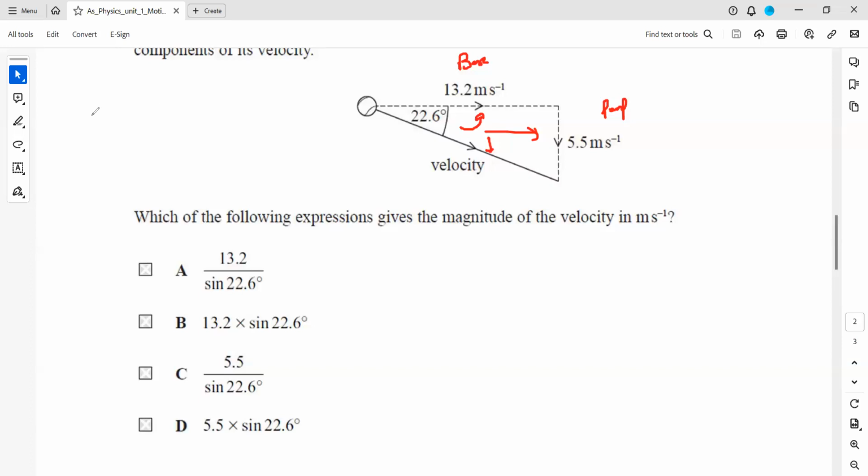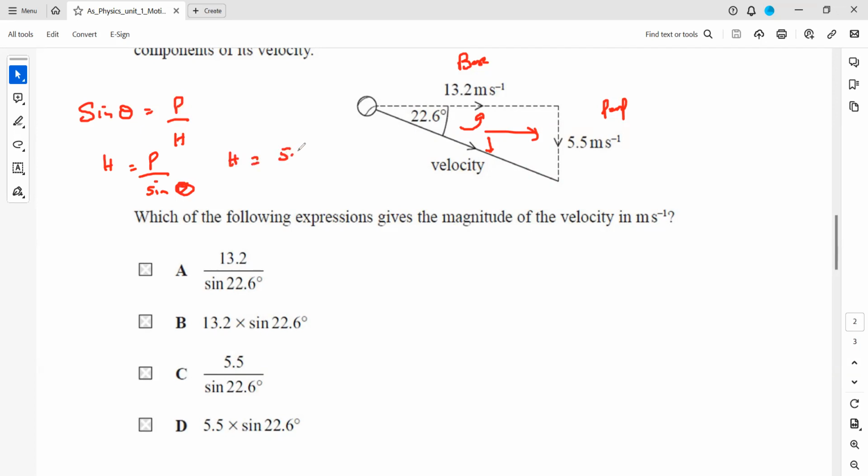If we need the hypotenuse with trigonometric ratios, for example sine theta is perpendicular divided by hypotenuse. So the hypotenuse will be perpendicular divided by sine theta. What is the perpendicular here?